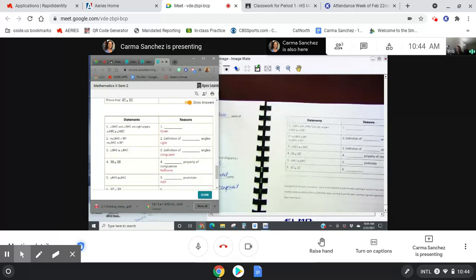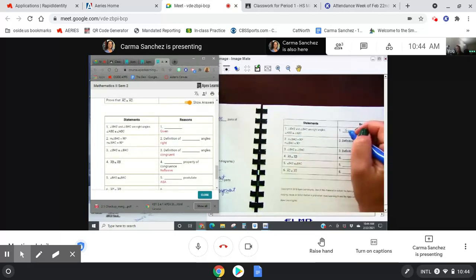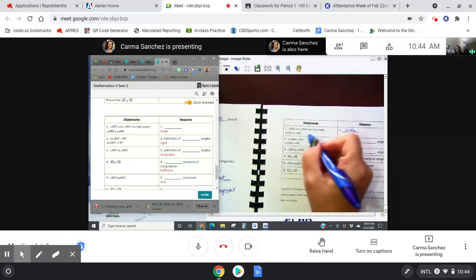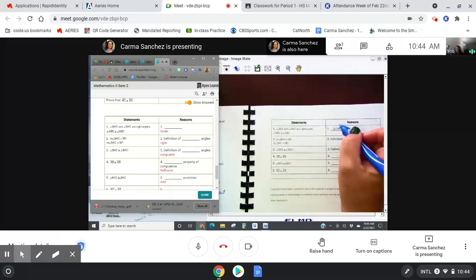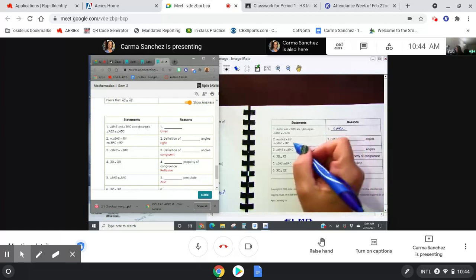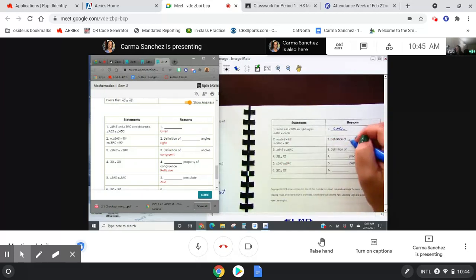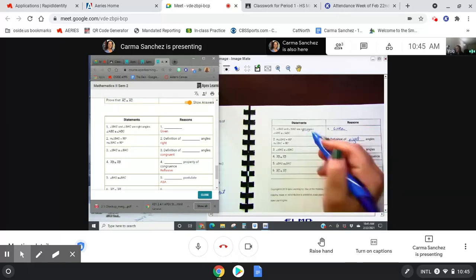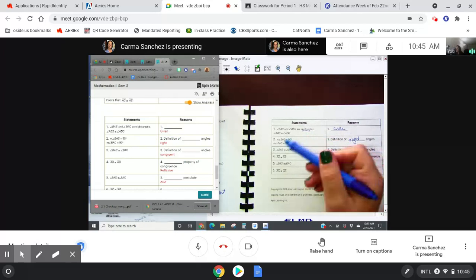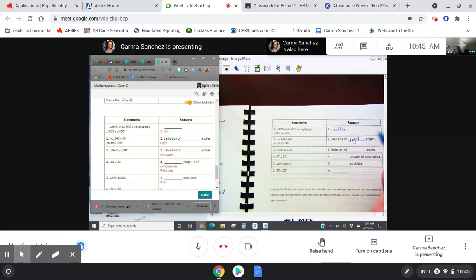So stating what was given in the problem, we write as the first statement and its reason would be given. Next, we state that the angles are 90, and that's by the definition of right angles, because if they tell us that it's a right angle, we know that the degree is 90. Finally, angle BAS is congruent to angle BAC because they're both right angles.